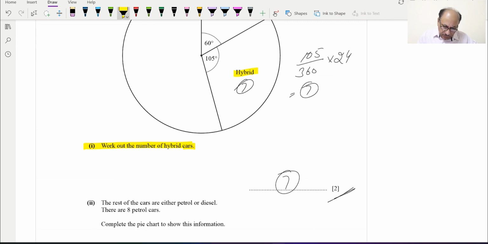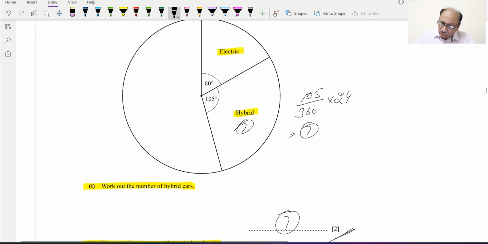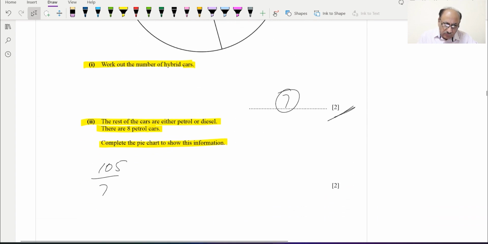Now for the second part, the rest of the cars are either petrol or diesel. There are 8 petrol cars. So complete the pie chart to show this information. 105 degrees means 7 cars. So if 105 means 7, how many degrees will 8 cars be?